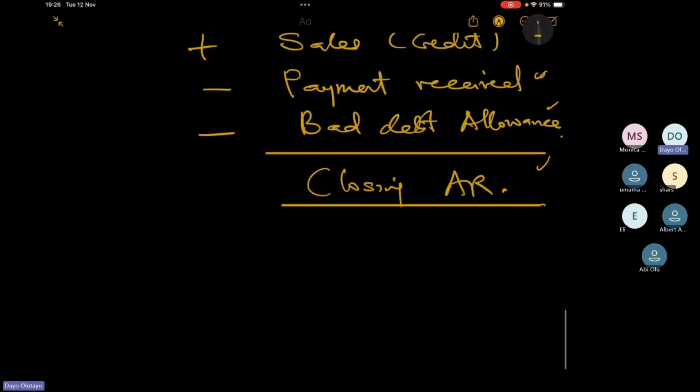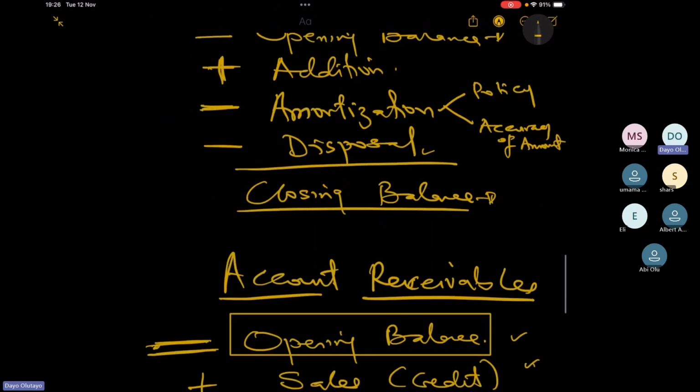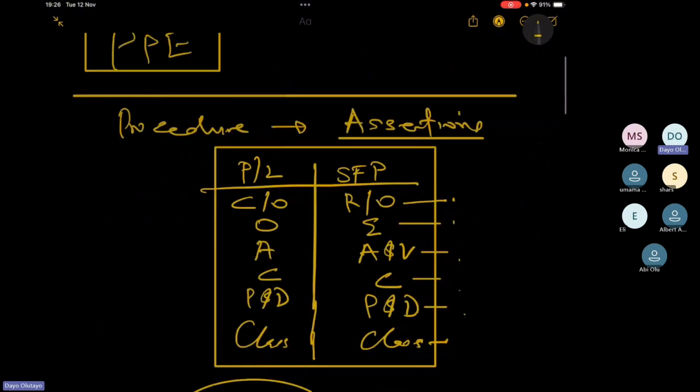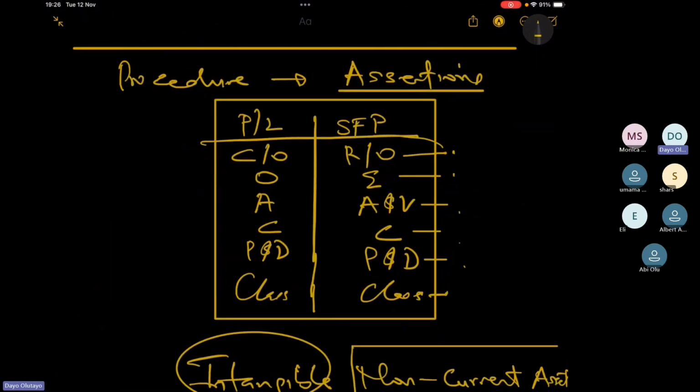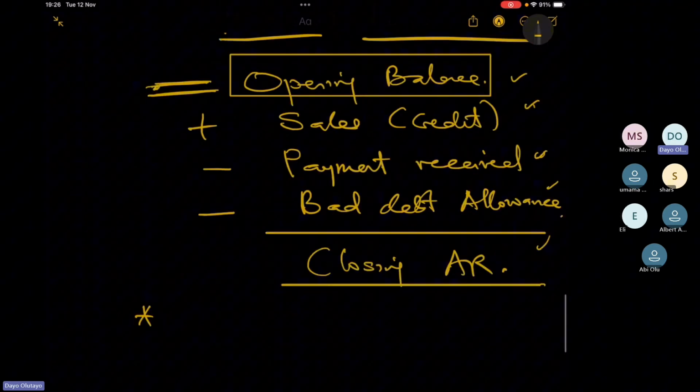So for account receivables, it's an asset, which means it's an item on the statement of financial position. And what does that mean? It means that we'll be focusing on this part of assertions, right? And I'll just list them out here again for you.